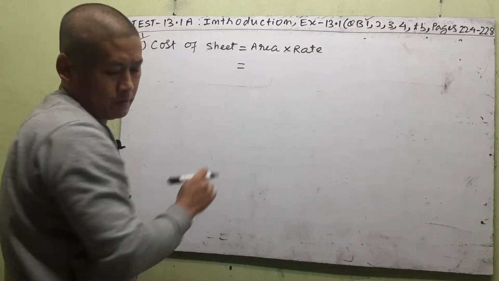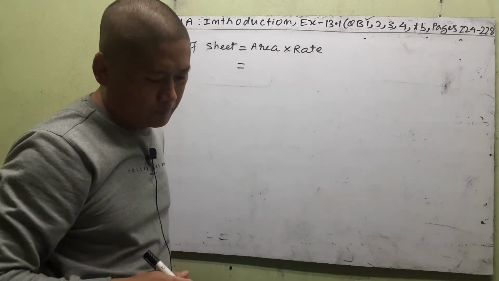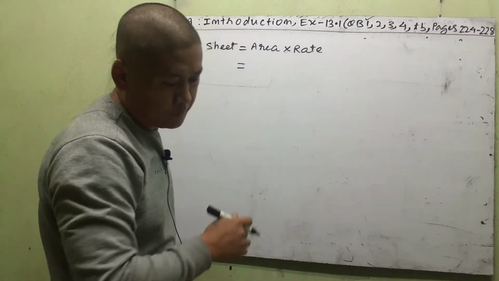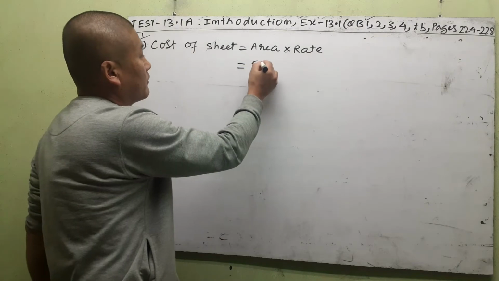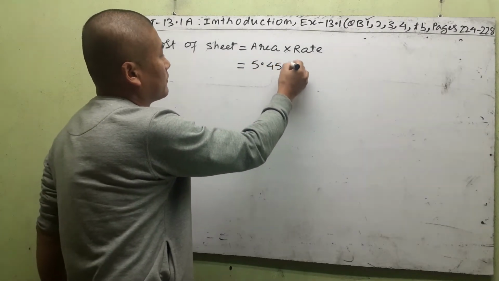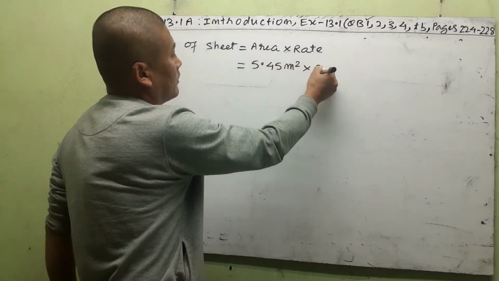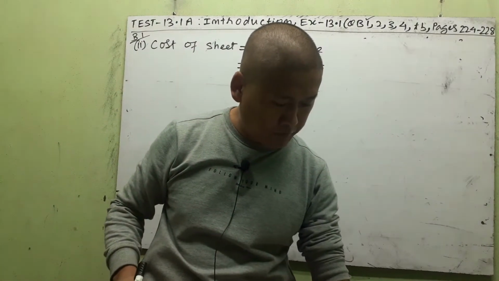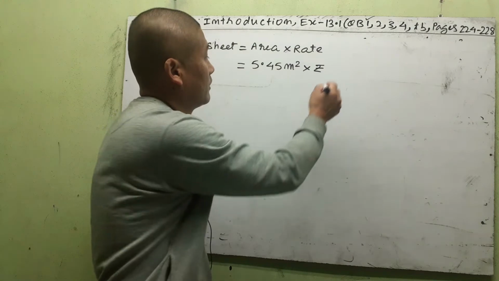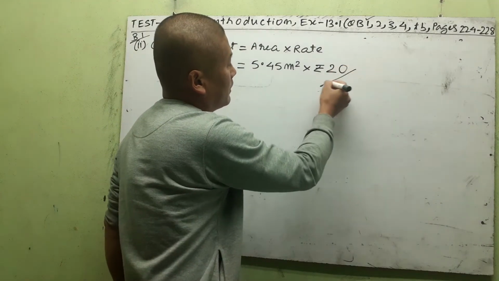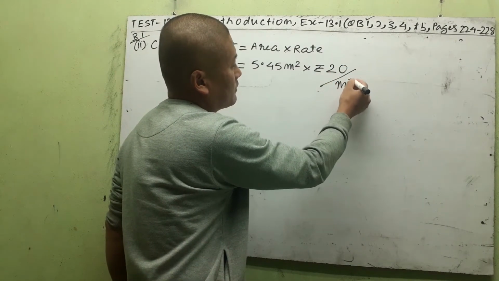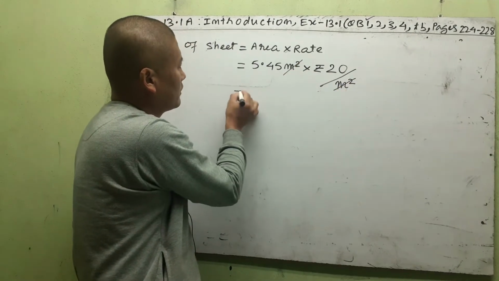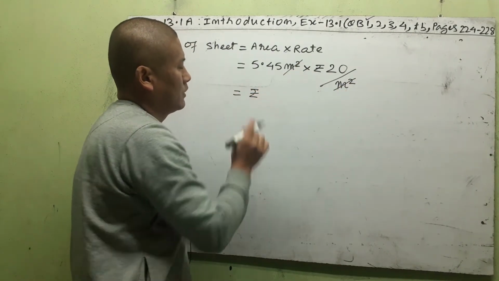So we got our area in the previous class: the area of sheet required to make this open box is 5.45 meters square, multiplied by the rate. 1 meter square costs rupees 20, meaning rupees 20 divided by 1 meter square. This meter square up and down will cancel and we're left with rupees.